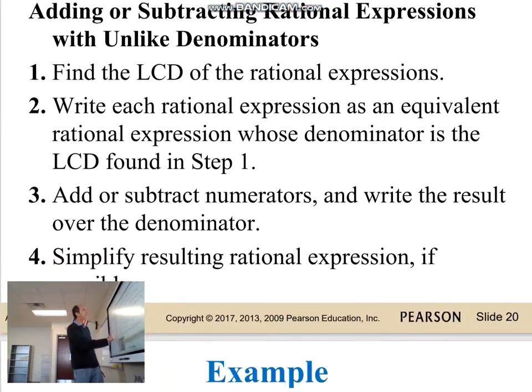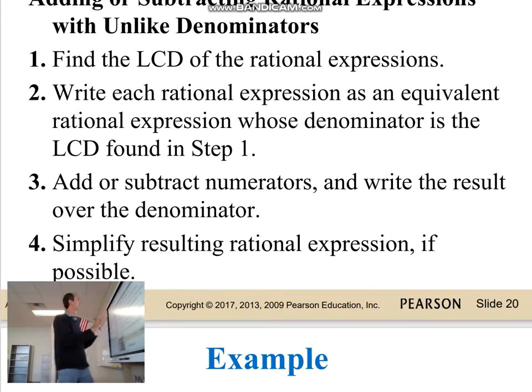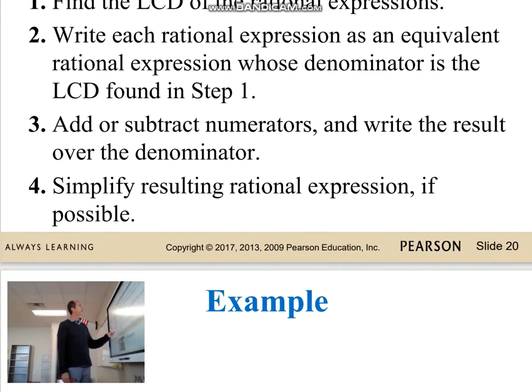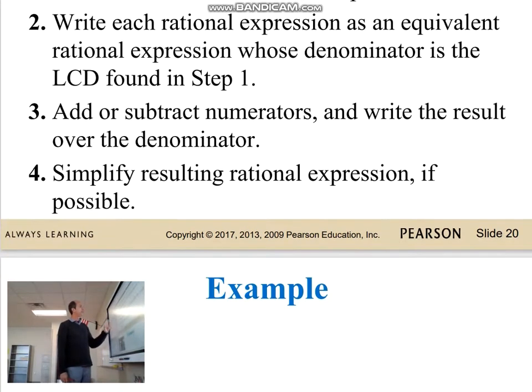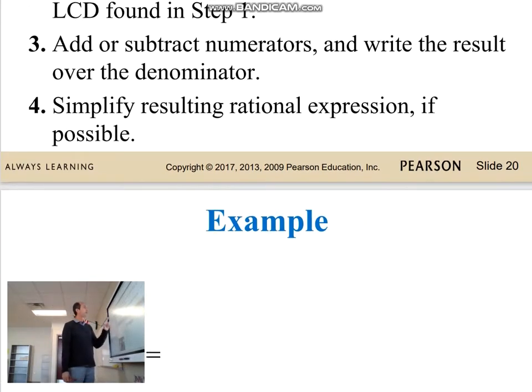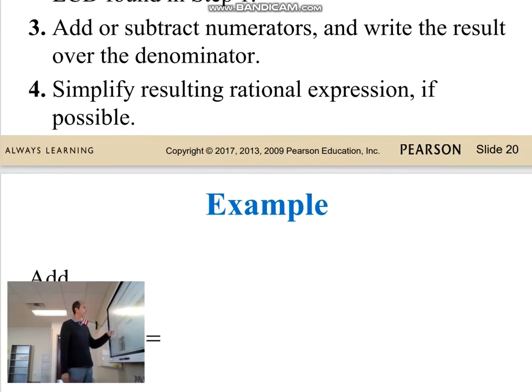The steps are these. Step 1, find the least common denominator of the rational expressions. Step 2, write each rational expression as an equivalent expression whose denominator is the LCD found in step 1. Step 3, add or subtract numerators and write the result. And step 4, simplify the resulting rational expression if possible.